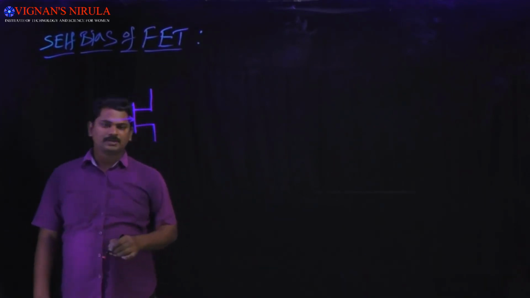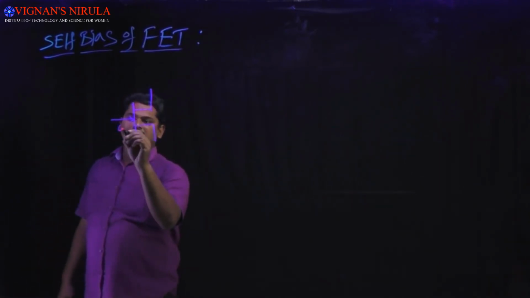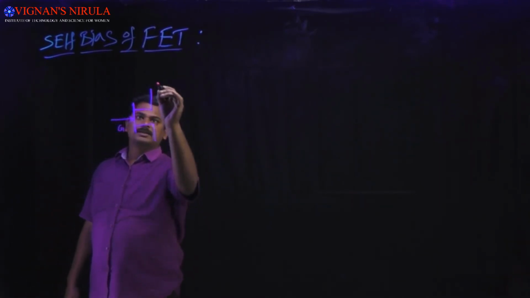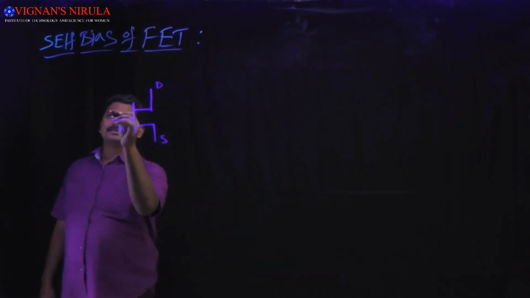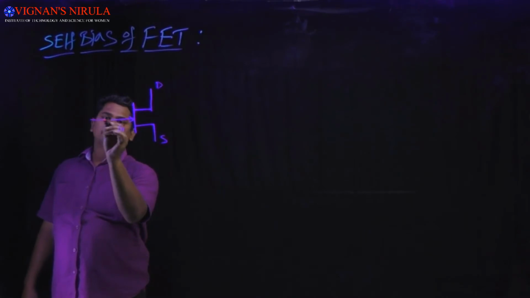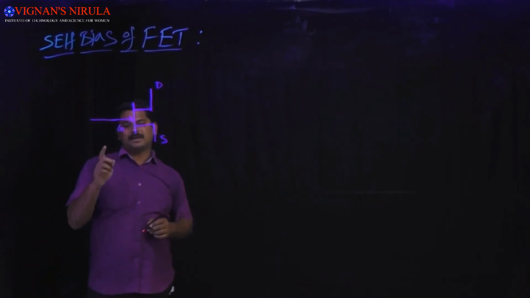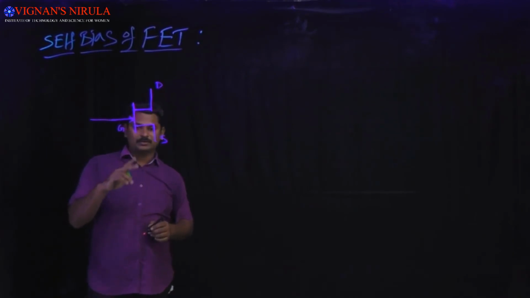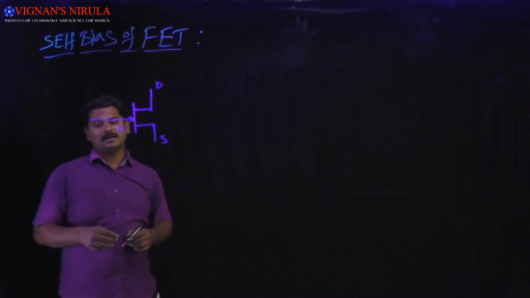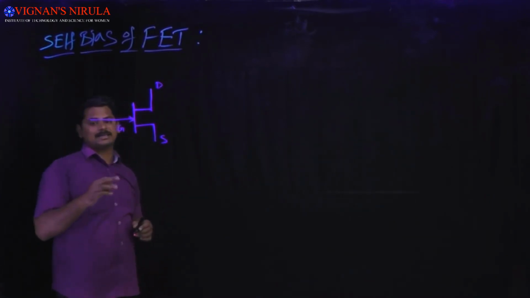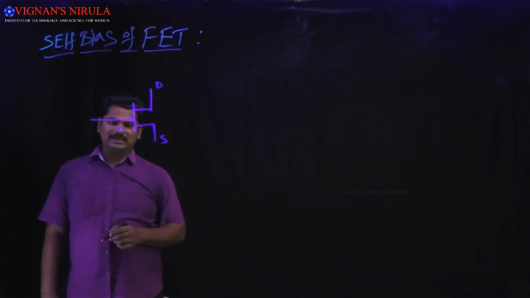This is an N-channel JFET, and this is the gate, this is the drain, and this is the source. In this self-bias circuit we are using 3 resistors, but in fixed bias we used only 2 resistors and 2 voltage biases. But here in self bias we are using 3 resistors with a single bias voltage.